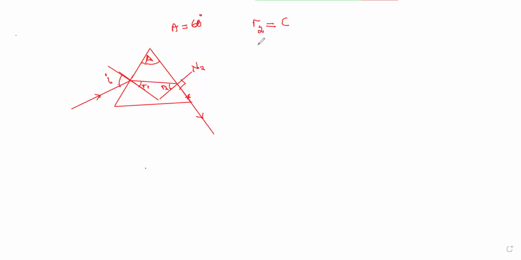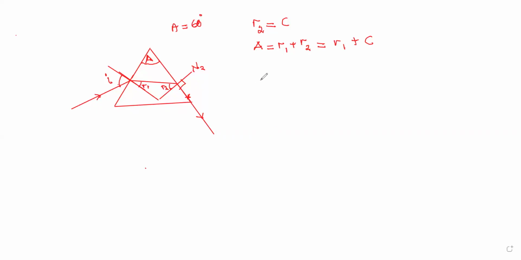Then the angle of the prism, A, is equal to R1 plus R2, which is R1 plus the critical angle. Knowing A, the angle of the prism, we need to determine the critical angle in order to find R1.